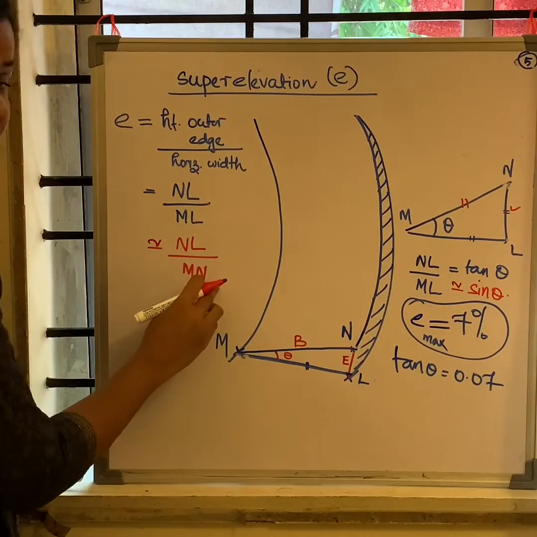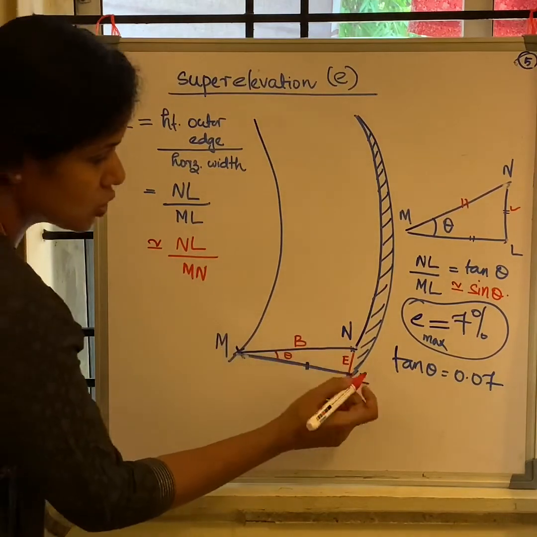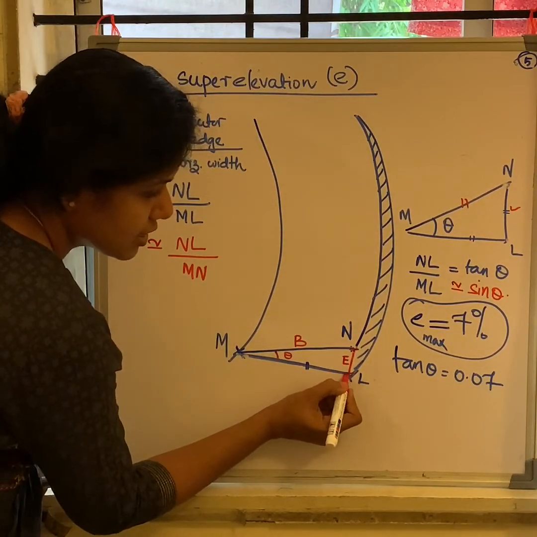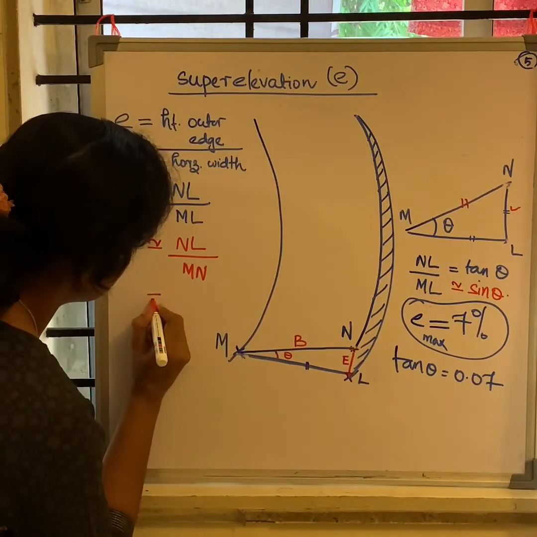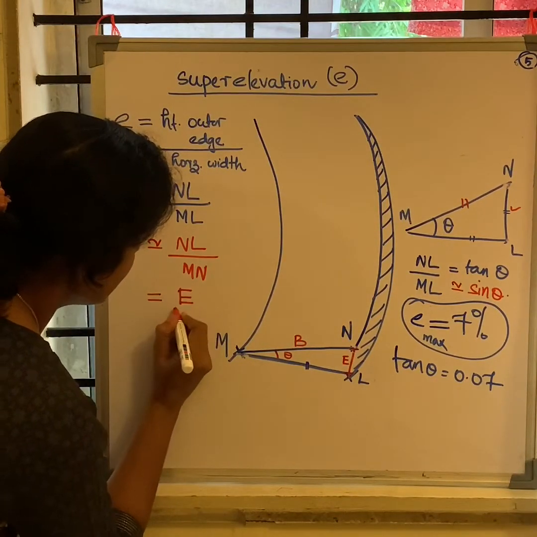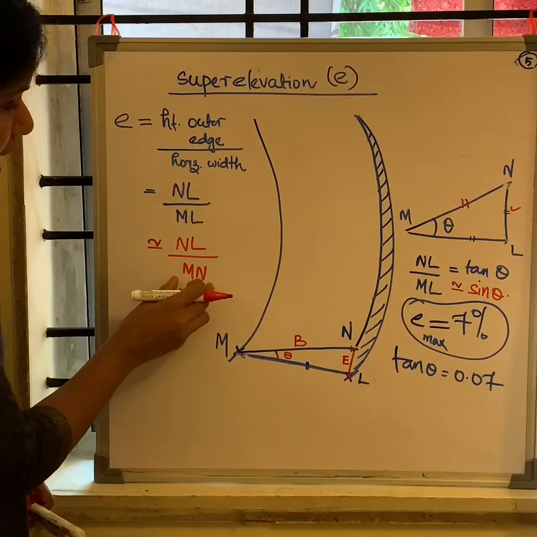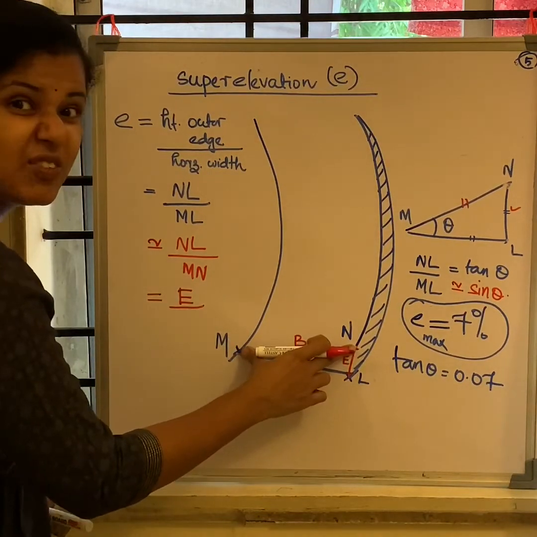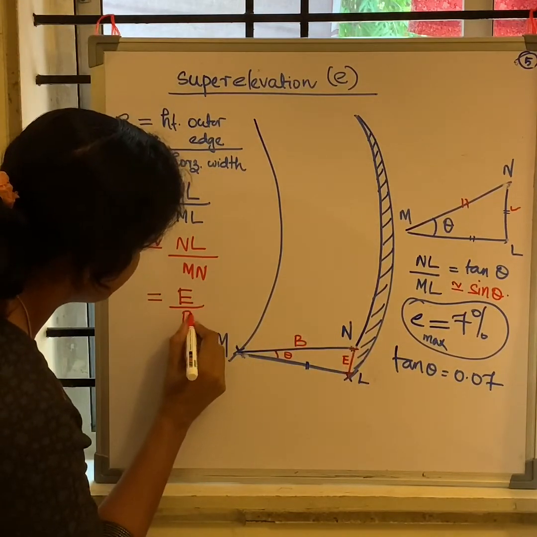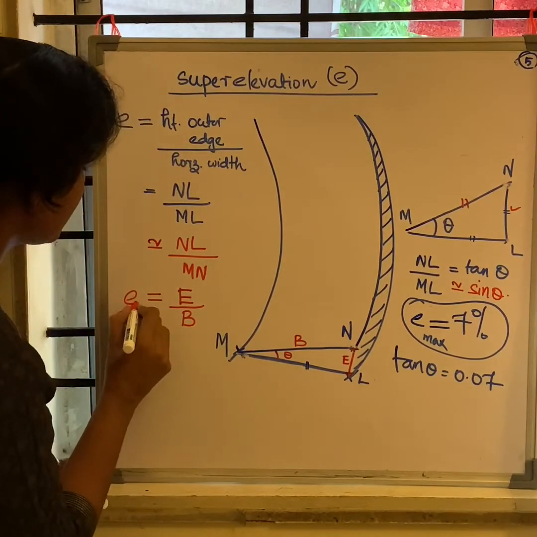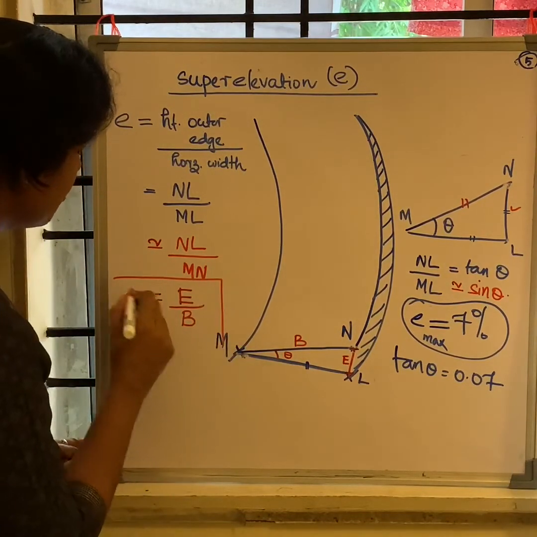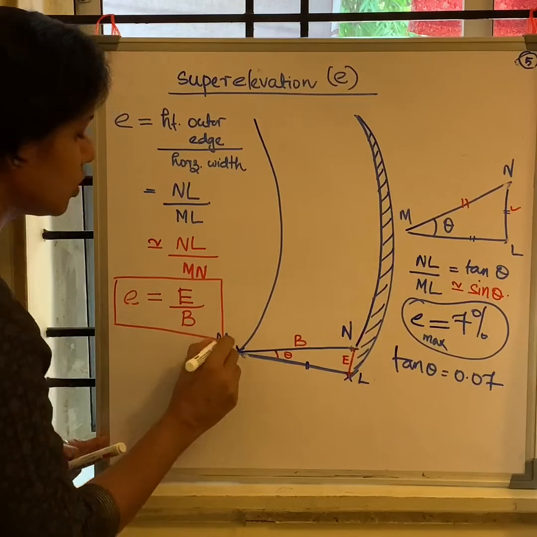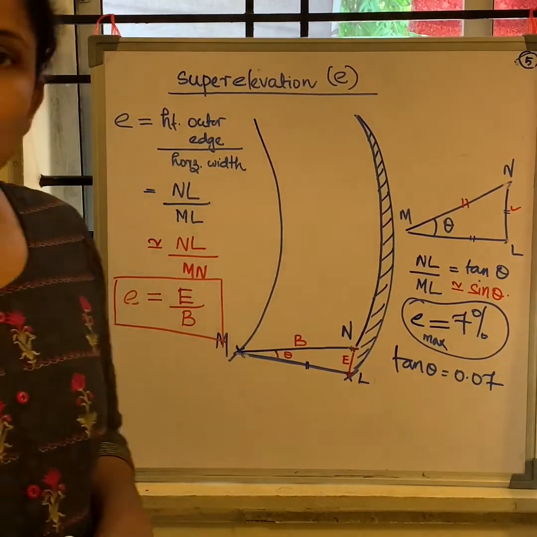Now what are NL and MN? Go back to the first picture. We considered E as the height you have given to the outer edge, so NL is E, and MN is nothing but the width of your pavement, B. So superelevation E is equal to the vertical height of the outer edge divided by the width of the pavement surface.